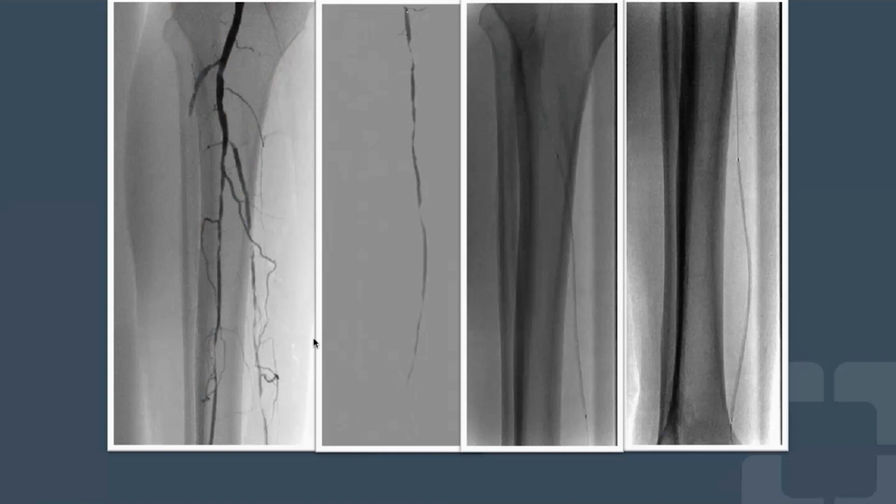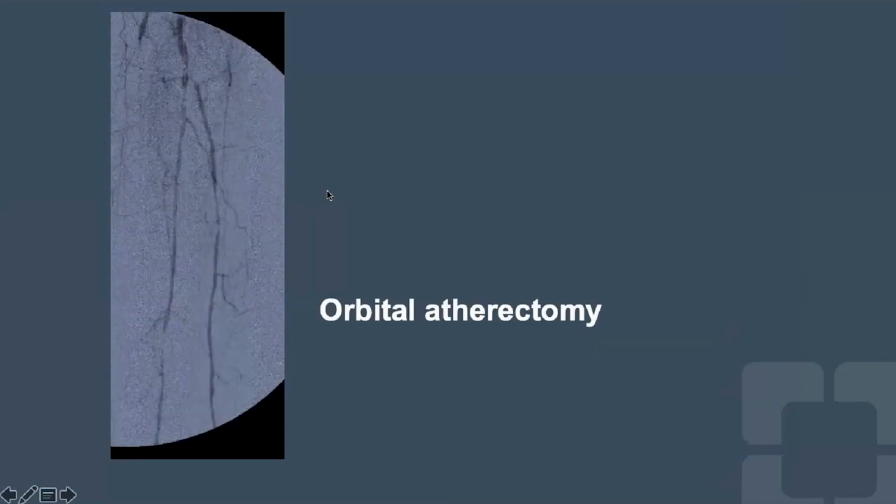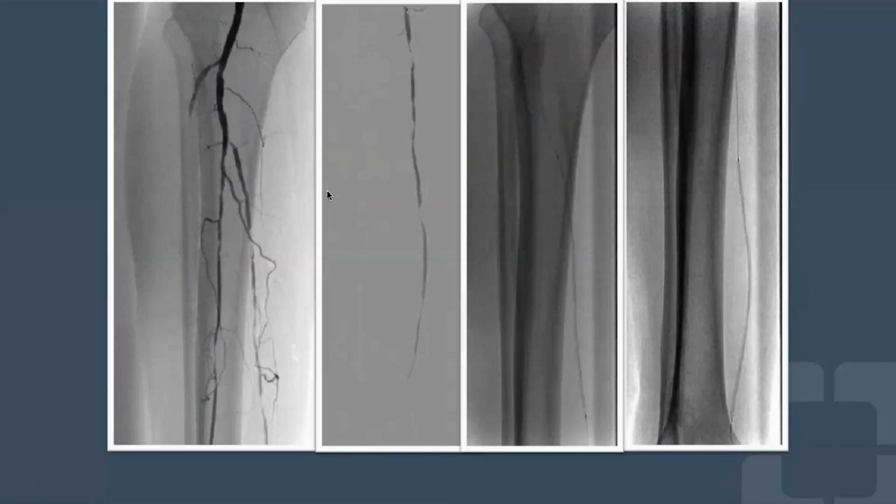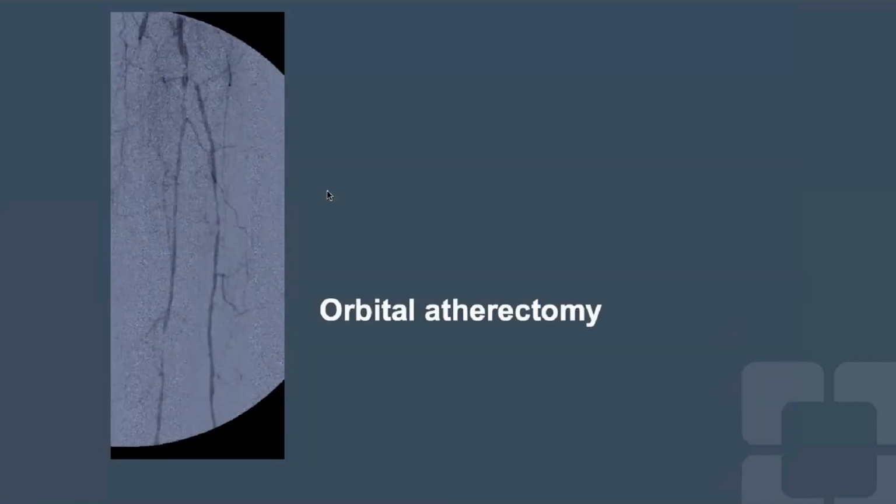I attempted plain old balloon angioplasty throughout this patient's lower extremity first, and it didn't quite pan out. It just didn't improve. His velocities didn't improve, and he was brought back about a month later. And he ended up undergoing orbital atherectomy.